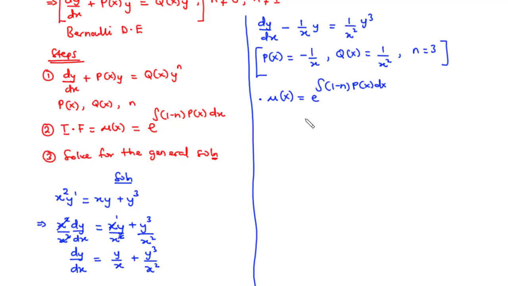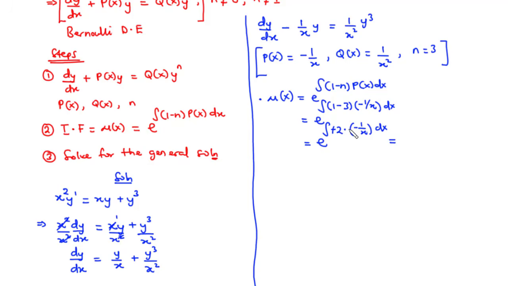Now this is equal to e to the power the integral of 1 minus 3 times p of x, that is negative 1 over x, so negative 1 over x dx. So this is equal to e to the power the integral of negative 2 times negative 1 over x dx.